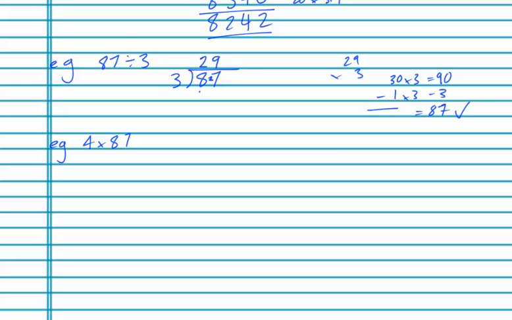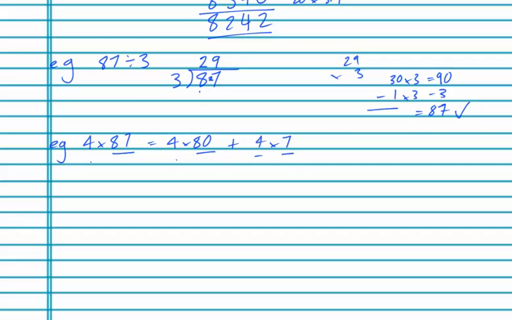That 87 can be split up. I can have 4 lots of 80, and I can have 4 lots of 7. Or the other way to think about it is if this is 87 lots of 4, here's 80 lots of 4 and 7 lots of 4. That's 87 lots of 4.